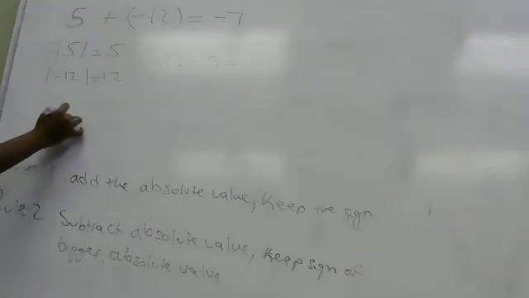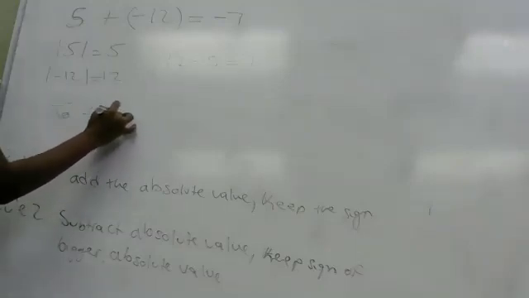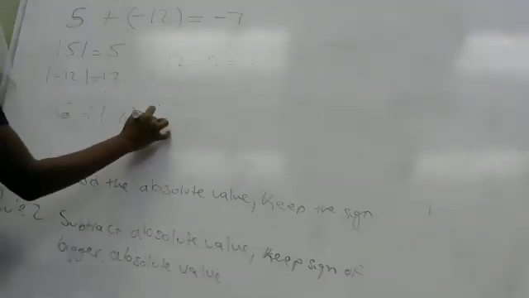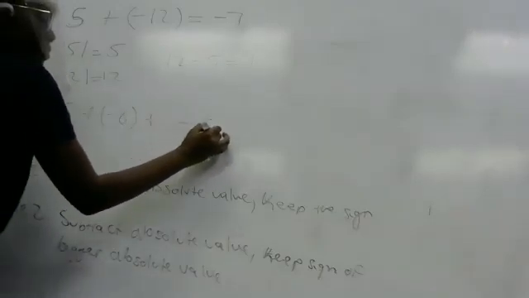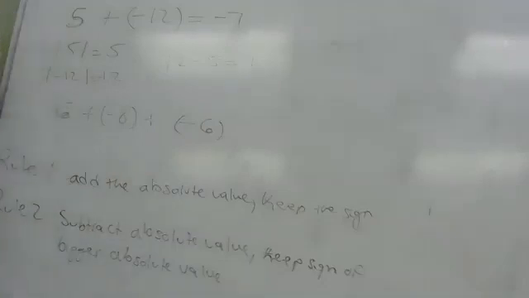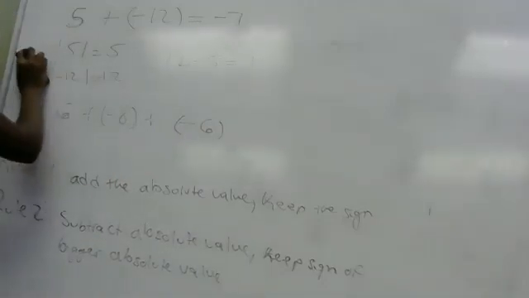Before we do the word problem, there are times where you're going to have multiple integers in one expression. For example, 6 plus negative 8 plus negative 6, right? When you have multiple integers in an expression, you just follow the order of operations.